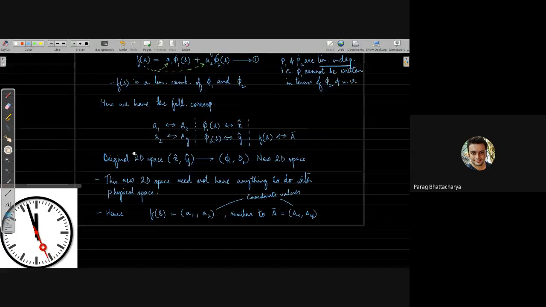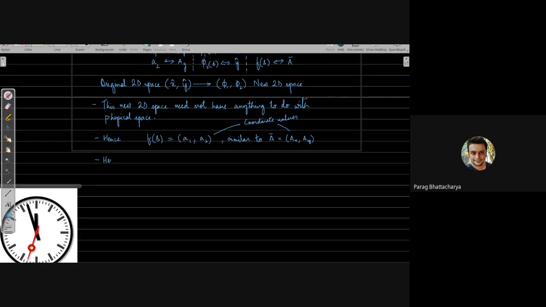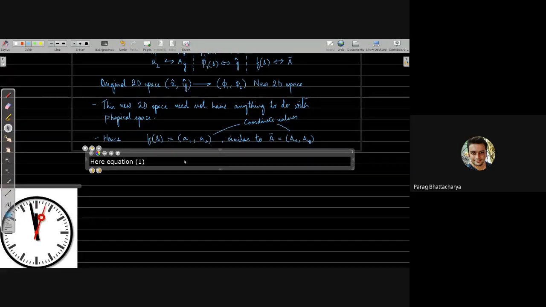So here, equation number one that we have written here defines a function space that can be built from the basis.